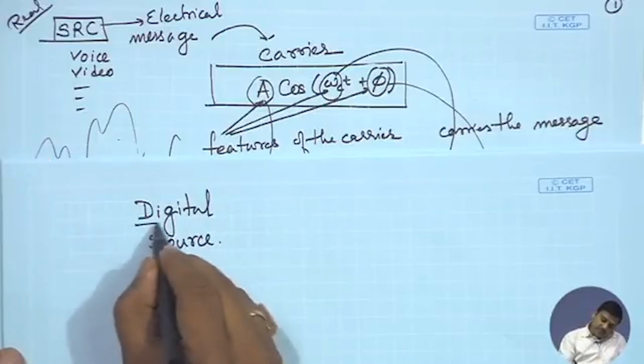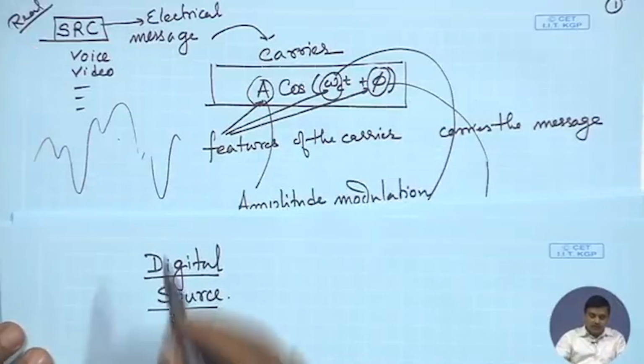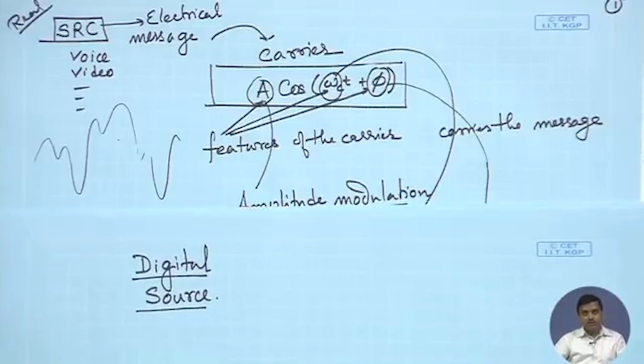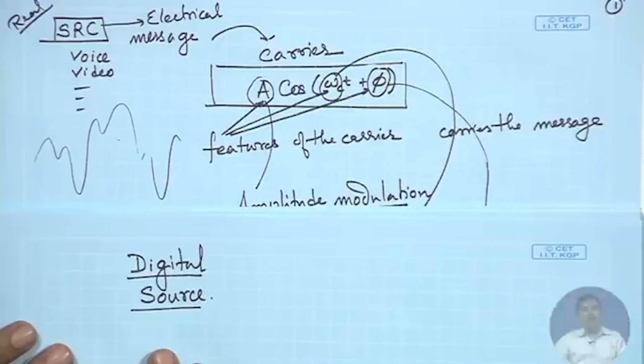Now, when we say it's a digital source, what we mean is that this continuous wave gets converted to some digital signal at some point. There are methods of doing it, and in this particular course we will go through those ways of converting this analog signal to digital and how we move forward.